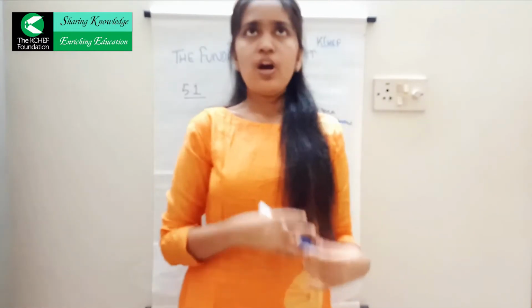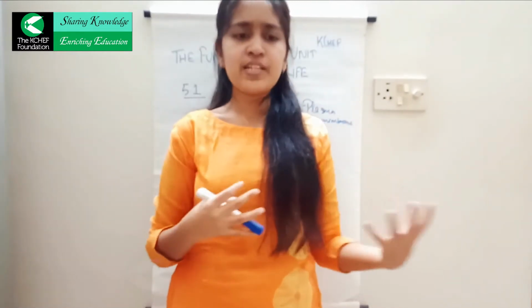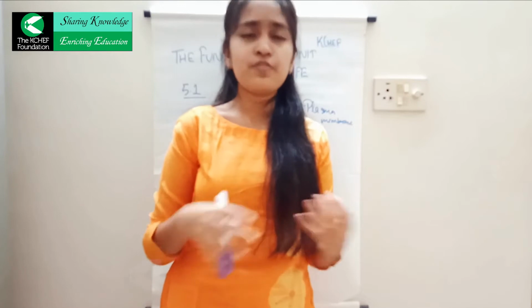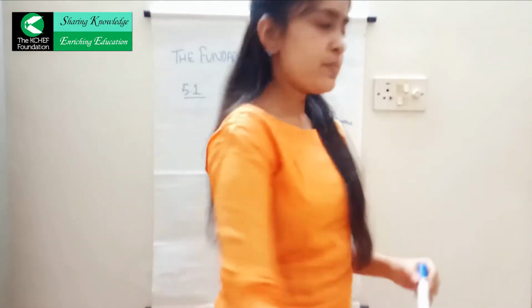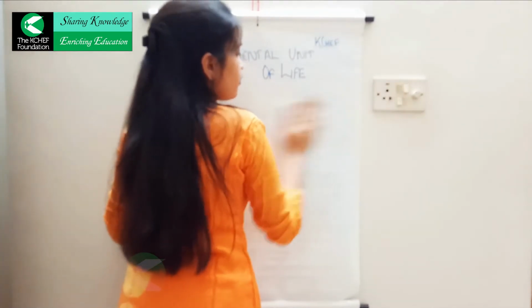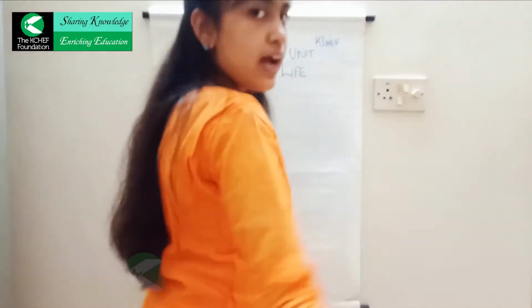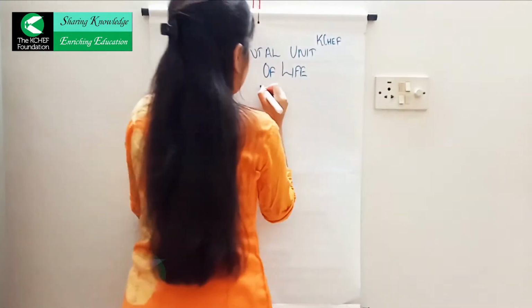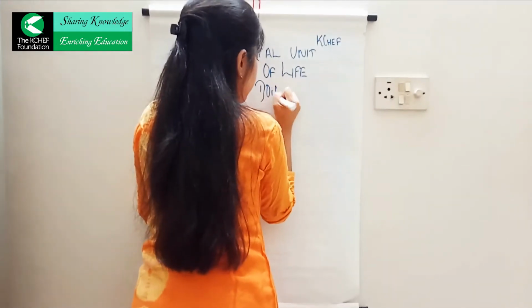Okay, so now how is this transfer of substances occurring inside and outside of a cell? That is basically through many kinds of transport mechanisms, and one such mechanism is diffusion.